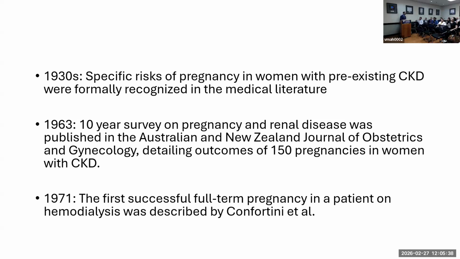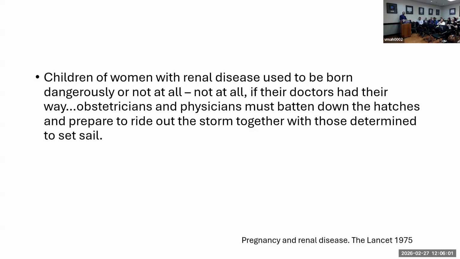By the 1930s, there were specific risks identified with chronic kidney disease and pregnancy. In 1963, there was a 10-year survey in Australia which looked at the outcomes of 150 pregnancies in women with chronic kidney disease. In 1971, there was the first successful full-term pregnancy in a patient on hemodialysis.